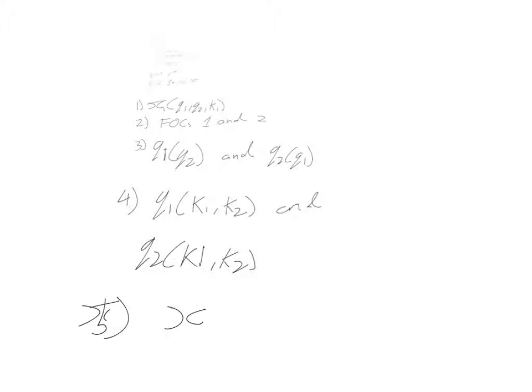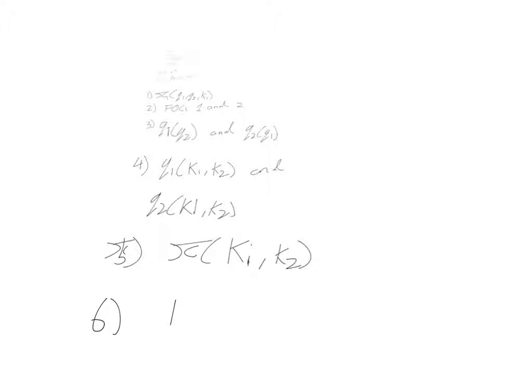Step 5, then you get the profits as a function of the 2 quantities, the 2 levels of investment. Then you get K star, and that'll give you the profits. So that's just an overview of what we've done, because I know there's a lot of math, so it's hard to keep track of what's going on.